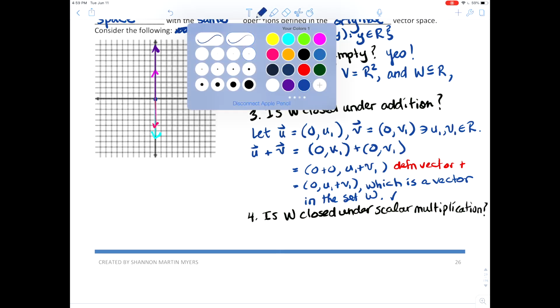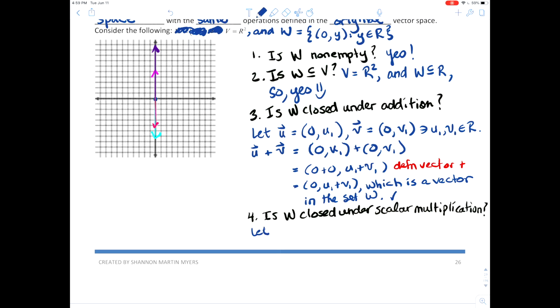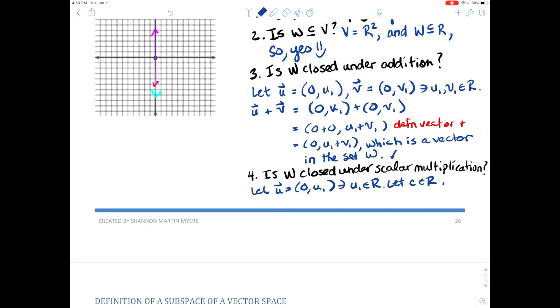So let's check it out. If we let U again equal to 0, comma, U1, such that U1 belongs to the real numbers, and if we let C belong to the real numbers to get our scalar, then C times the vector U is equal to C times 0, comma, U1 in component form, which is C times 0, comma, C times U1.